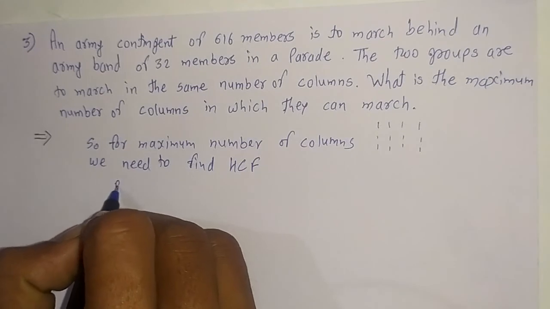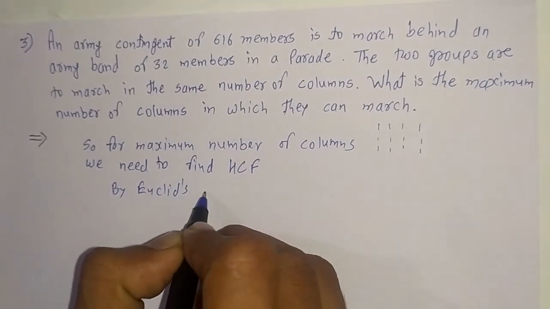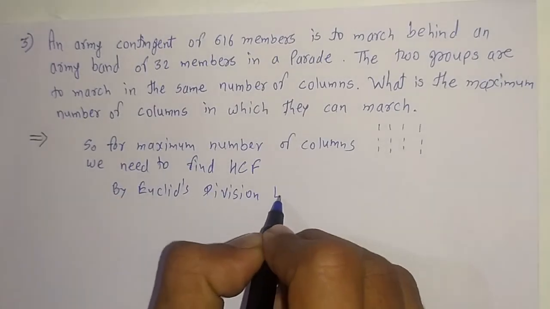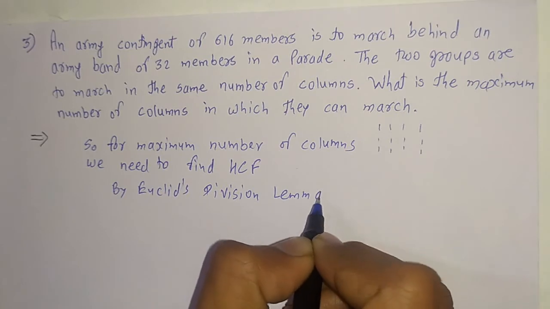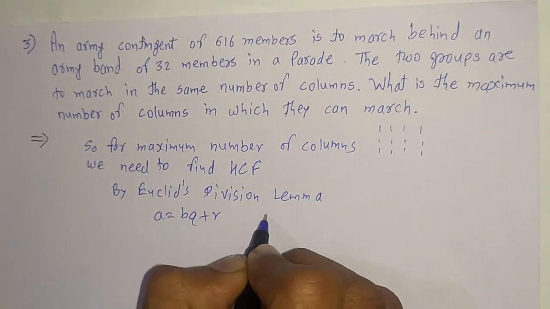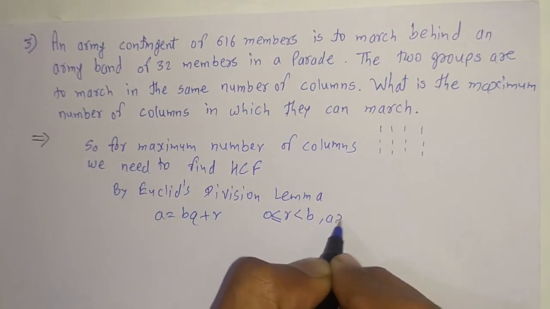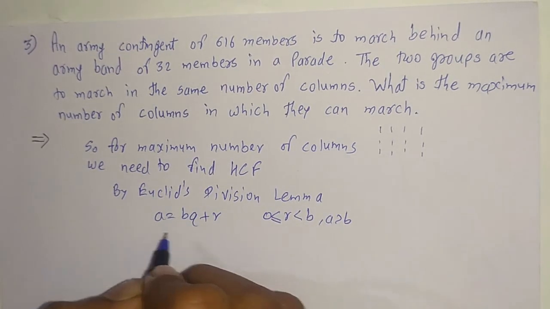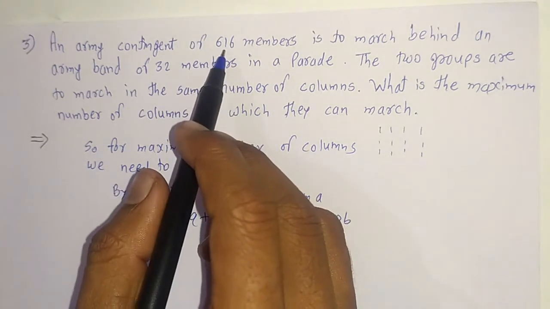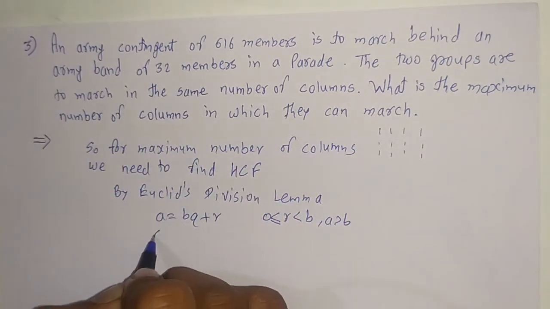By Euclid's division lemma, A equals BQ plus R, 0 less than or equal to R less than B, and A should be greater than B. So A should be 616, B should be 32.